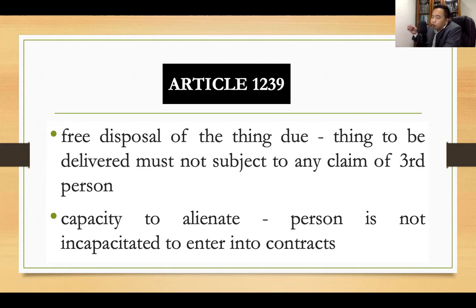A third person is not claiming any right or interest over the property. When you say capacity to alienate, that means that the person is not incapacitated to enter into a contract. Capacity to alienate means fitness to enter into a contract.